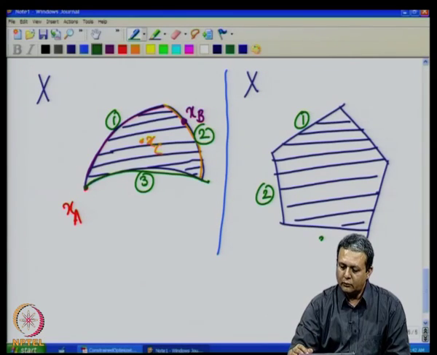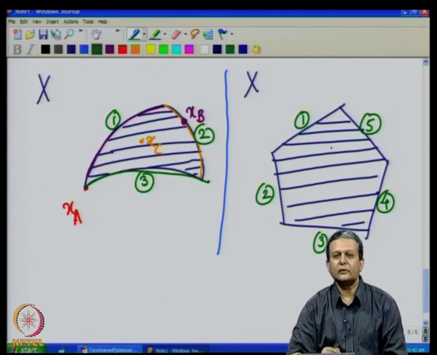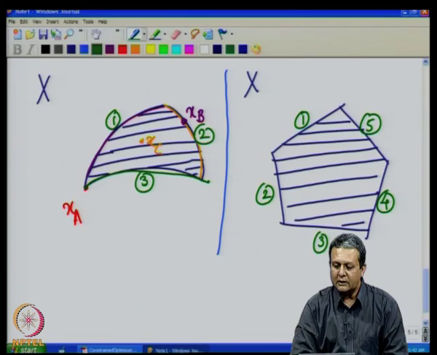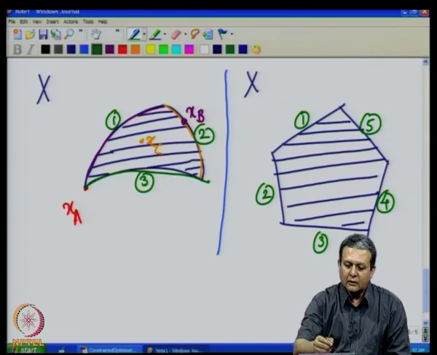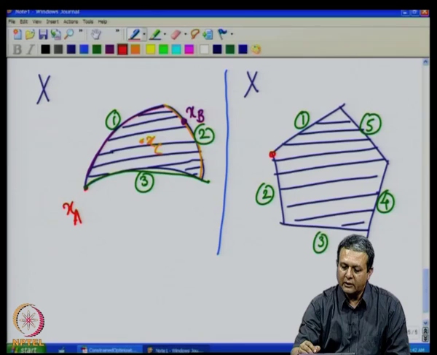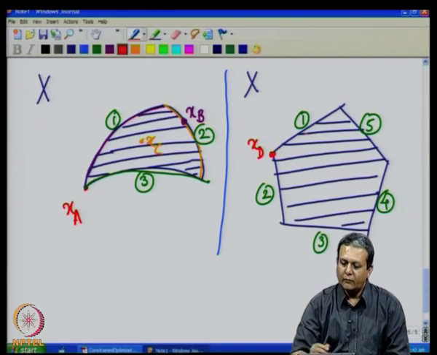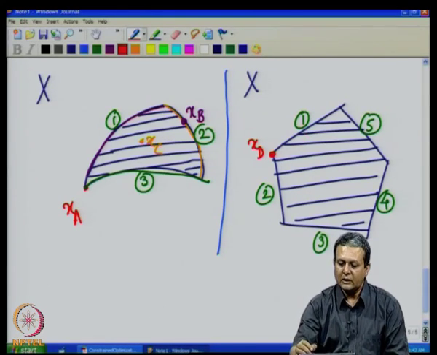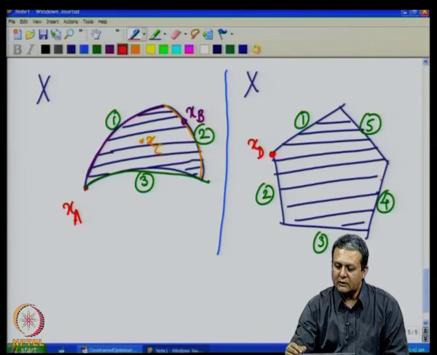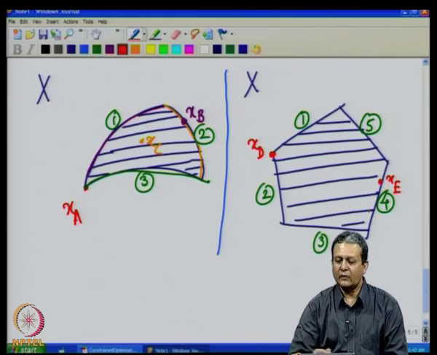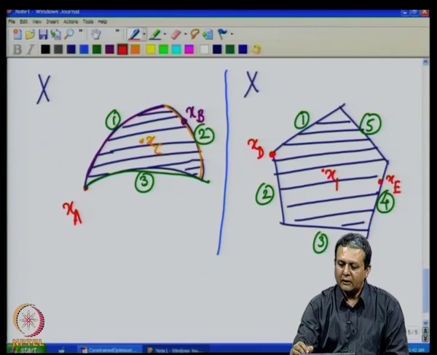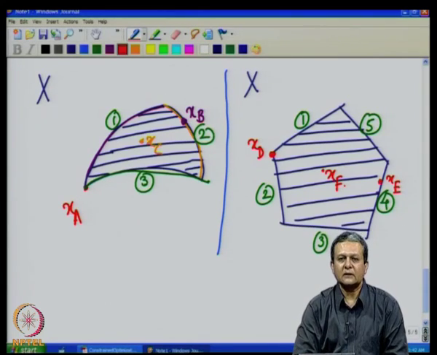We have 5 inequality constraints, and the set is formed using the intersection of those 5 inequality constraints. If we consider a point, let us call this point x d, you will see that only the constraints 1 and 2 are active, while if we consider a point x e, only the constraint 4 is active as far as the point x e is concerned, and in the interior, if you consider the point x f, no constraints are active.